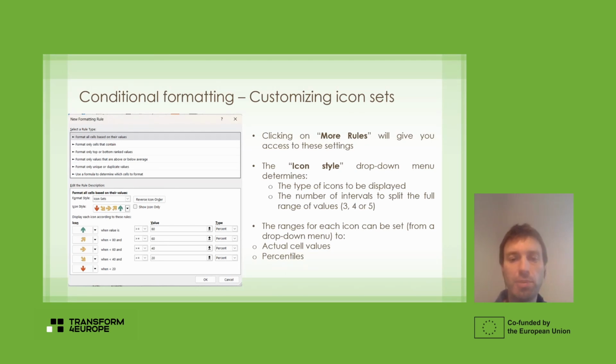Or a percent of the total. So for example, in this case, we have the option to only include a green arrow up when the value included in a particular cell is falling within the top 20% of all the values present in the range.